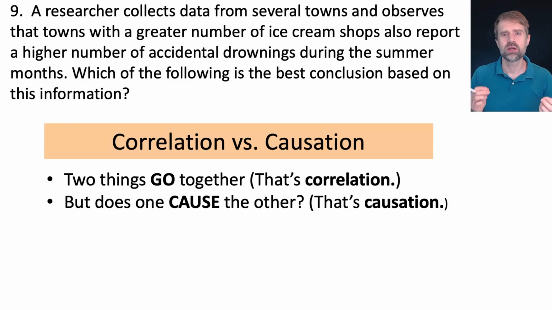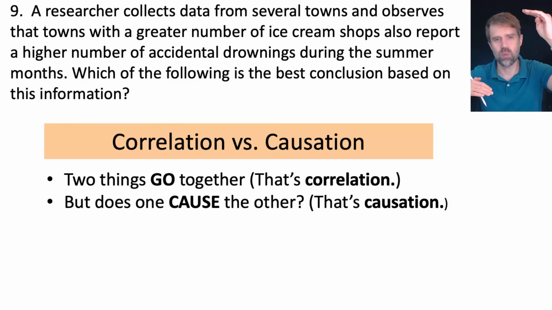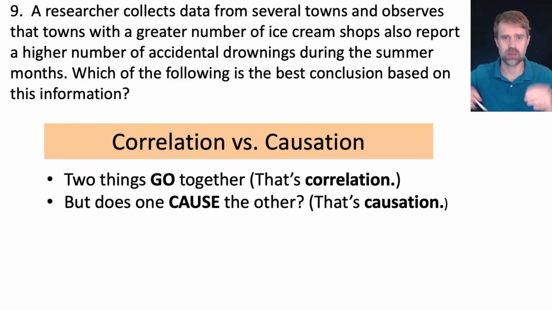Two things can go or move together. That's correlation. In this example, they say that towns with a greater number of ice cream shops also report a higher number of drownings, okay? So ice cream shops and drownings go together. The number of one goes up, the number of the other goes up. That's correlation. They go together.